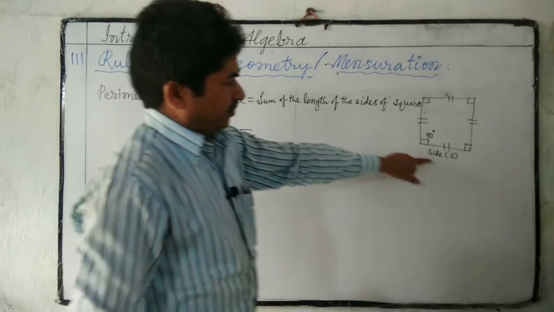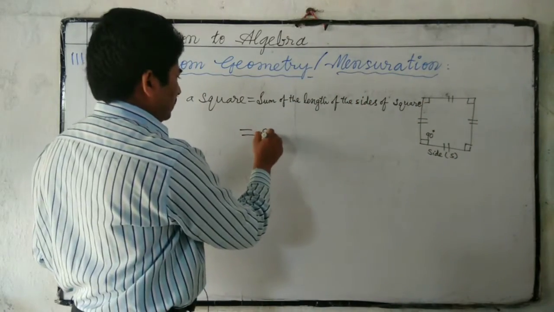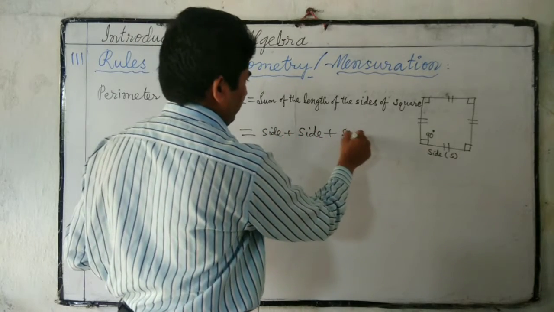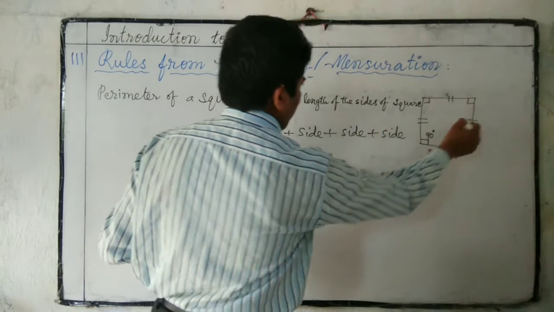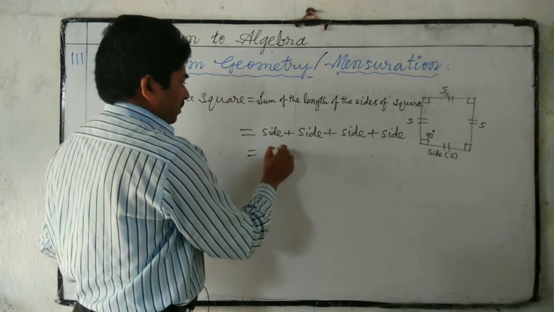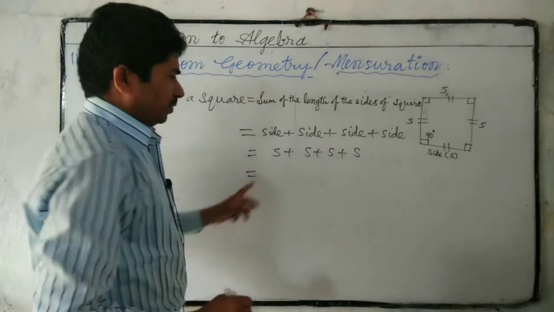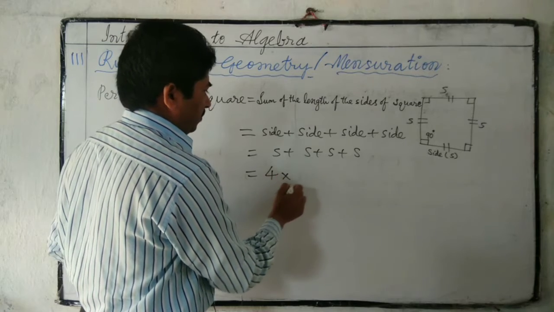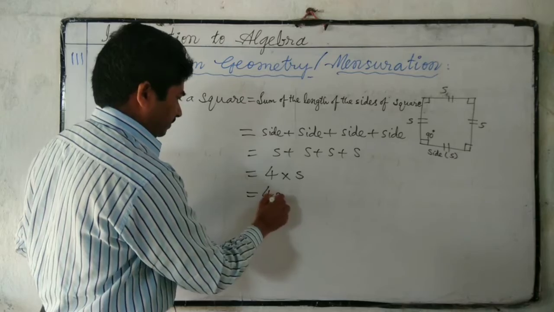How many sides? 1, 2, 3, 4. Side plus side plus side plus side. So S plus S plus S plus S, that is 4 into S, that is equal to 4S.